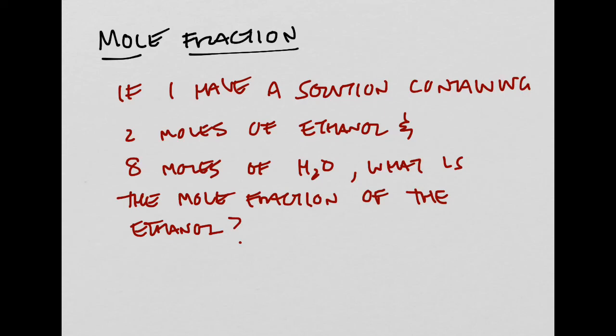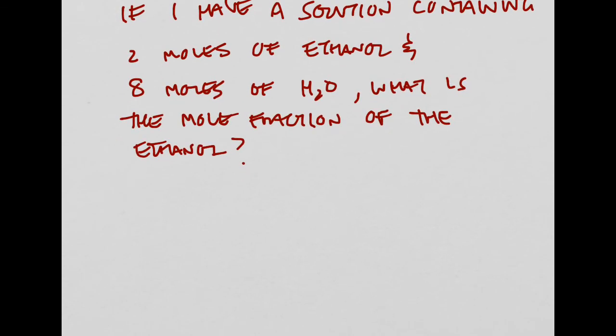Now, it's a piece of cake here, because all you do with the mole fraction is create a fraction, and that is the fraction of the solute, whatever you're looking at. In this case, it's the 2 moles of the ethanol, EtOH, and you want to put that over the total number of moles of solution that you have.